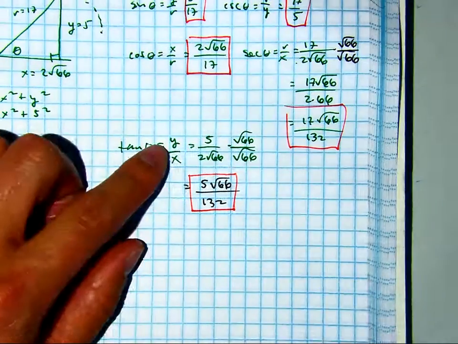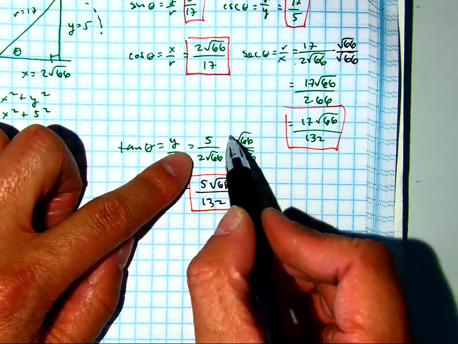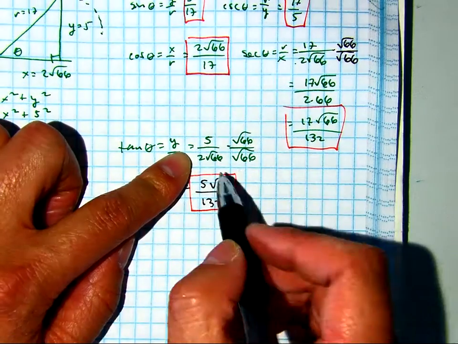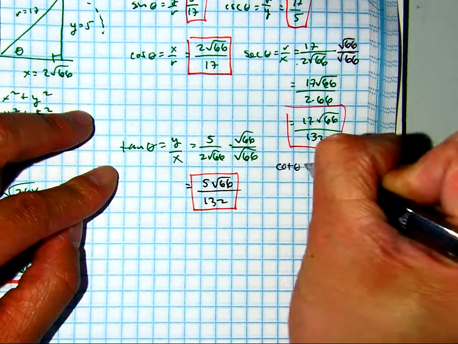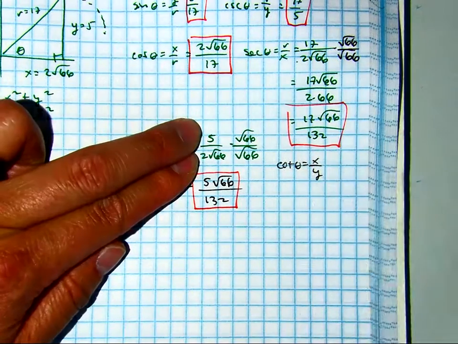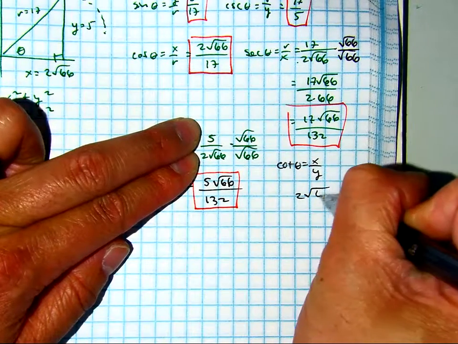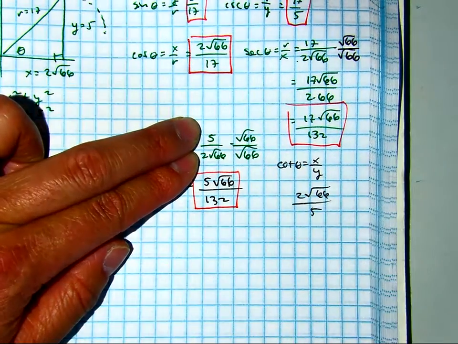So again, if you put a 2 right there, it's not wrong, but you'll realize that the 2's will cancel anyways. And then cotangent is x over y. I'm just going to take this one and flip it. Take the reciprocal, and that's my answer.